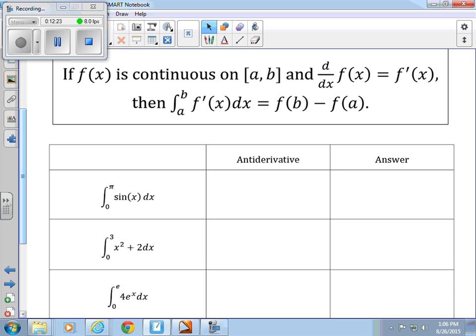What's the antiderivative? Okay, I understand that you have to backtrack to get it, but what is it? Why are we finding it? Undoing the derivative. So it's the original equation. Right. Now, it's crazy. It's not intuitive. And that helps us find area.